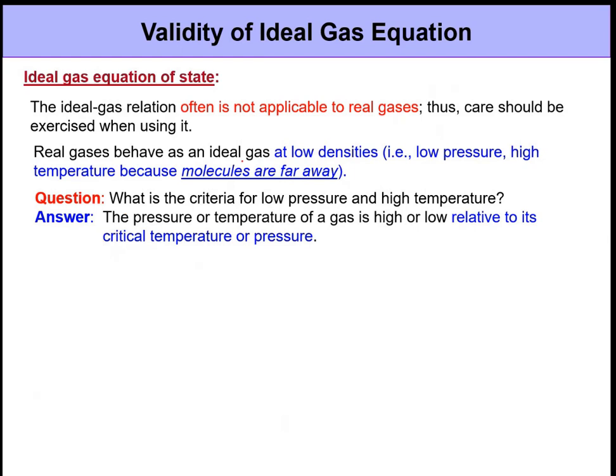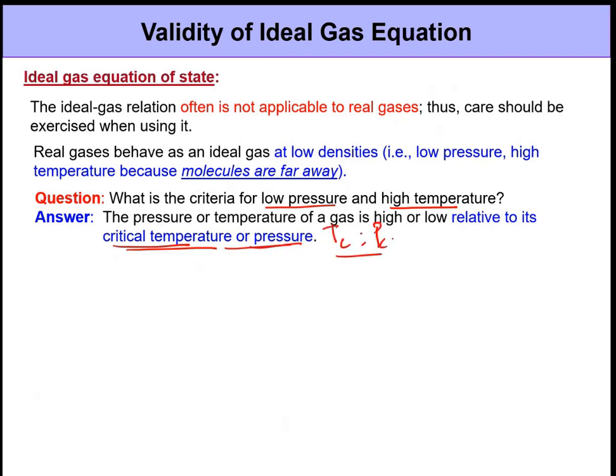So the question is, what is the criteria, or how do you define low pressure and high temperature? Or in other words, how do you define low density? Whenever we talk about low or high pressure, or high or low temperature, it is all with respect to critical temperature or pressure. Critical temperature is Tc, critical pressure is Pc.